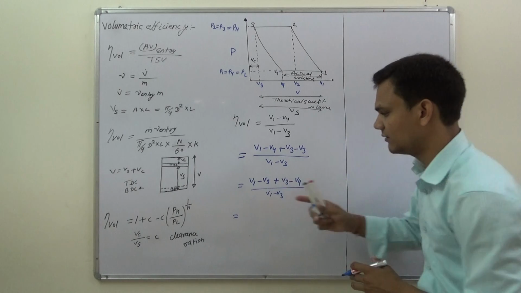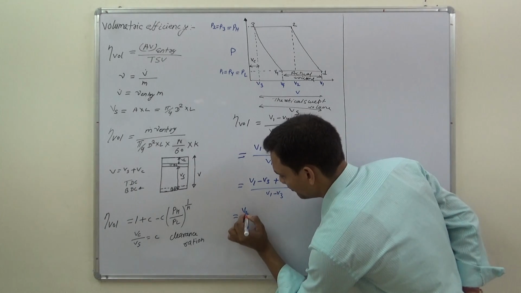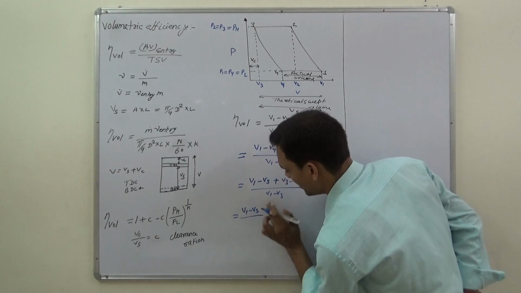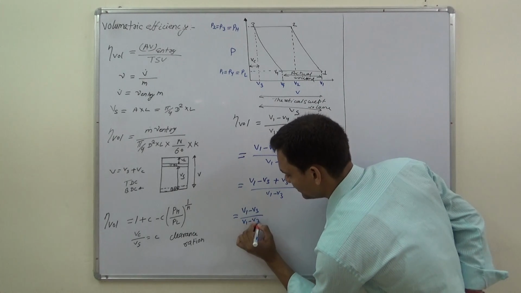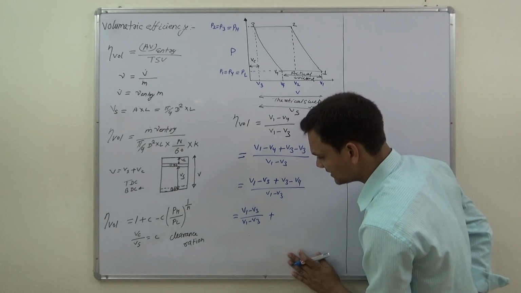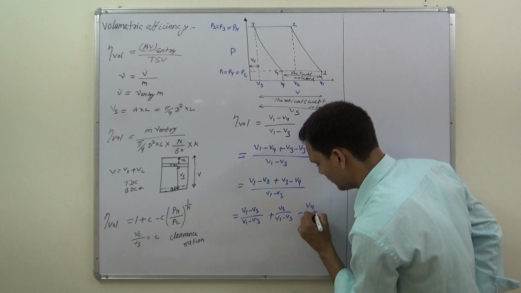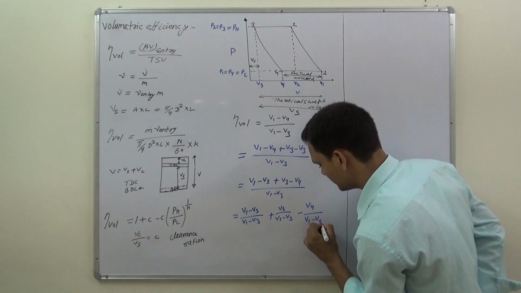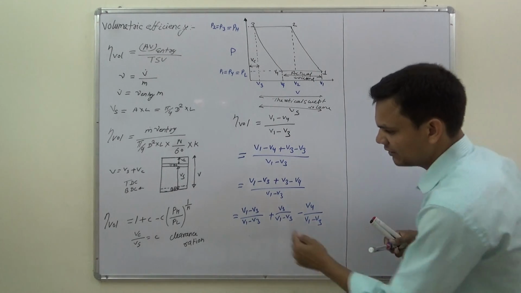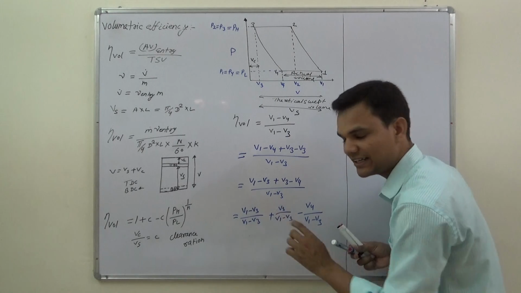We can separate the terms: V1 minus V3 by V1 minus V3, plus V3 by V1 minus V3, minus V4 by V1 minus V3. Then V1 minus V3 by V1 minus V3 gets cancelled.